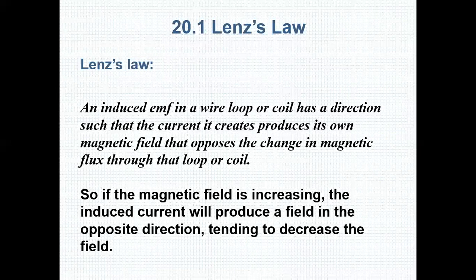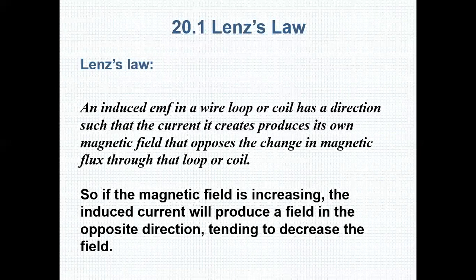So when there is a change in magnetic flux, an opposing magnetic field will be produced because of the induced EMF. Okay, this is Lenz's law. So if the magnetic field is increasing, the induced current will produce a field in the opposite direction, that is decreasing.